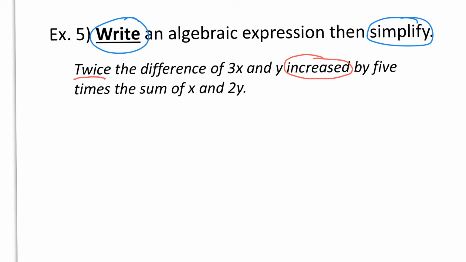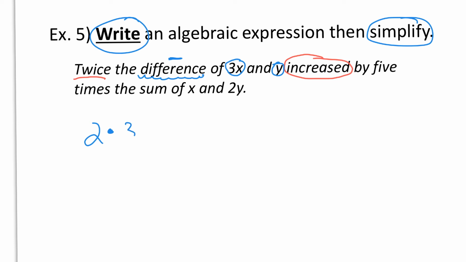So I'm going to multiply 2 times what? So let's go ahead and understand what we need to multiply. We are going to multiply 2 times the difference. So there has to be a minus. I'm going to put a minus up here so you guys know we have to subtract the difference of 3x and y. So I'm going to subtract 3x and y.